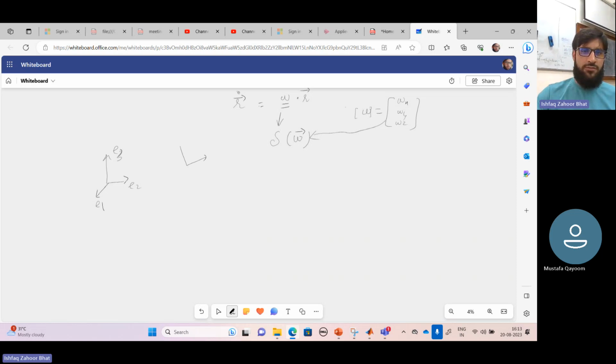I have got this other frame by rotating this frame. Say this is fixed and this is the rotated frame. I call this E1 dash, E2 dash, and E3 dash. Basically, if this is E1, I have rotated this E1 to get E1 dash. I have rotated this E2 to get E2 dash. Similarly this. So there should be a rotation tensor associated with this. I claim that the rotation tensor is equal to E1 dash dot E1.